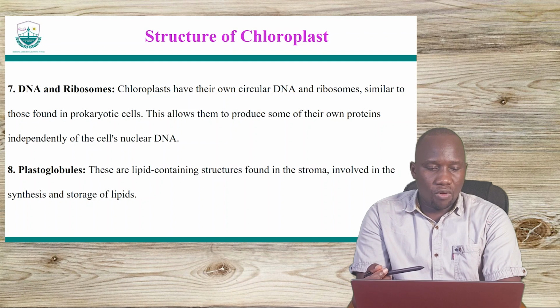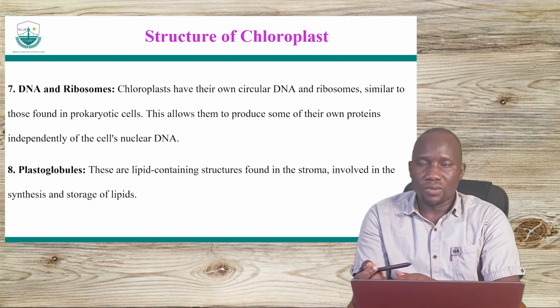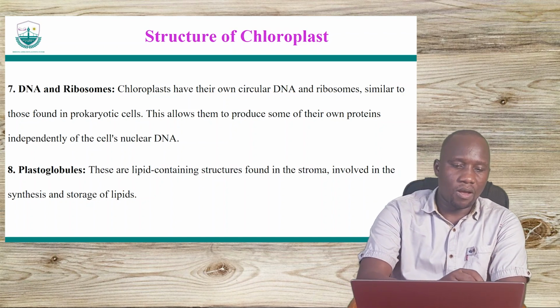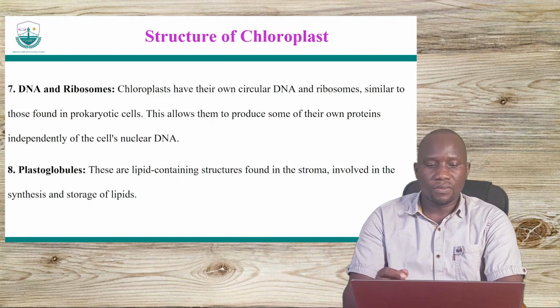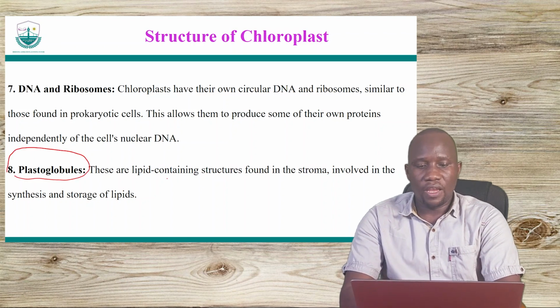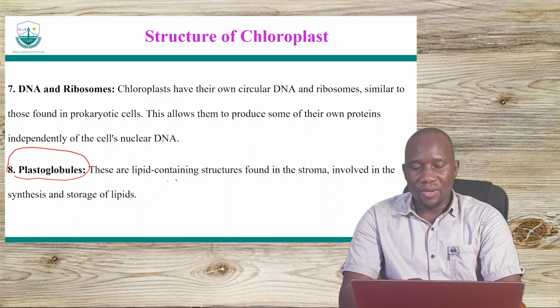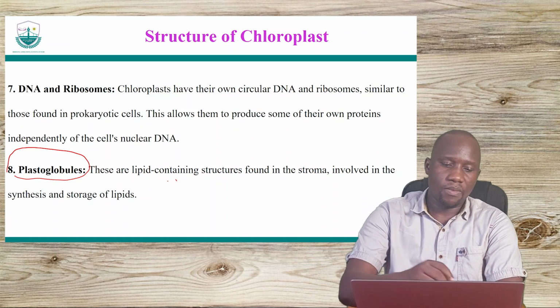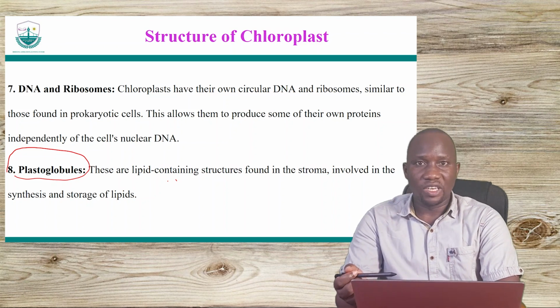And then the plastoglobules, or plastoglobule structures. These are lipid-containing structures found within the stroma. That means they're very important for lipid storage.